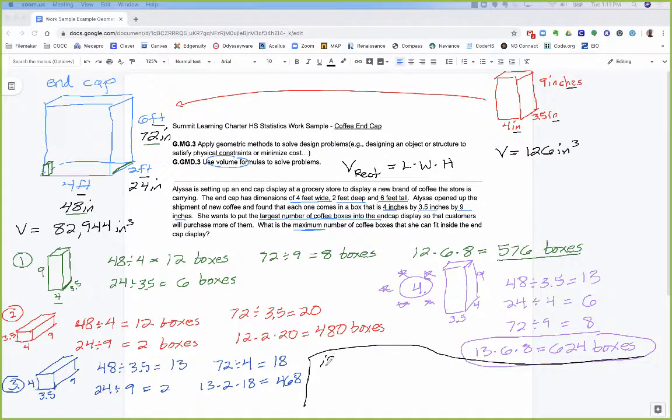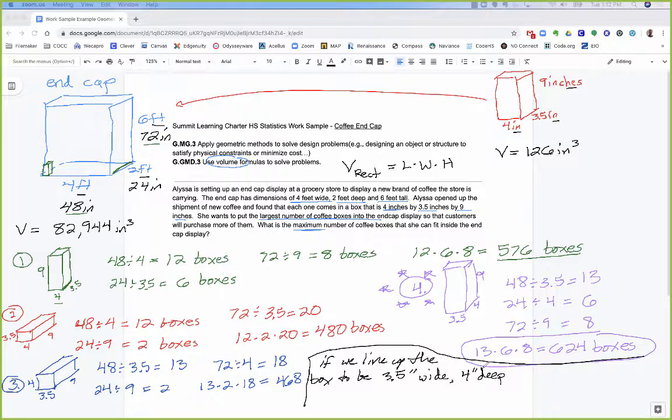If we line up the box, I'm going to try and write it here, to be 3.5 inches wide, 4 inches deep.